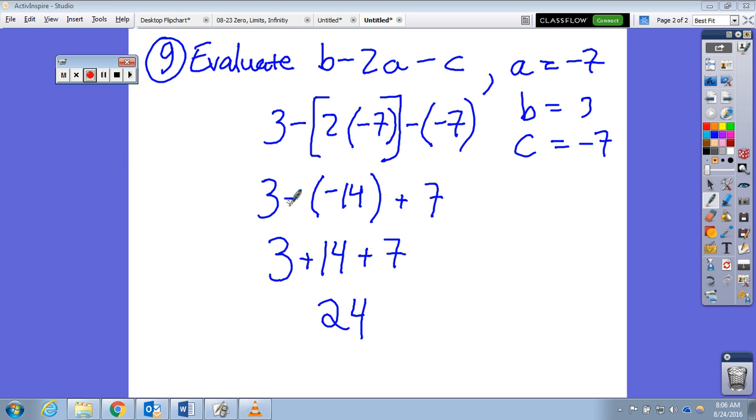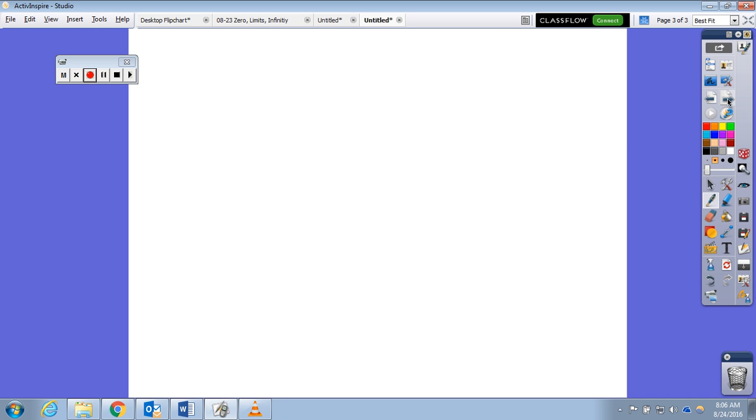Okay, so we can always write subtraction as addition. In fact, it's not a bad idea to just convert all subtraction to addition immediately, because it can avoid making mistakes. So the original problem read b minus 2a minus c.